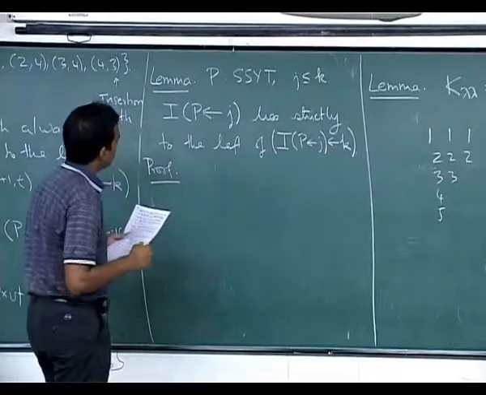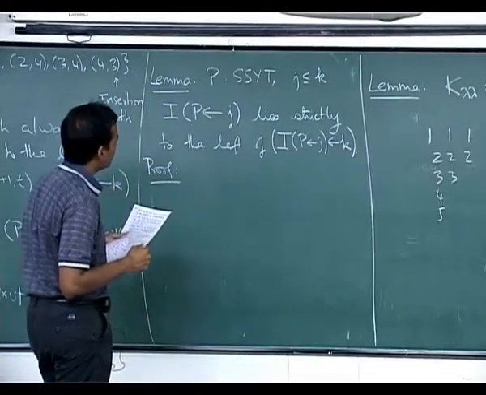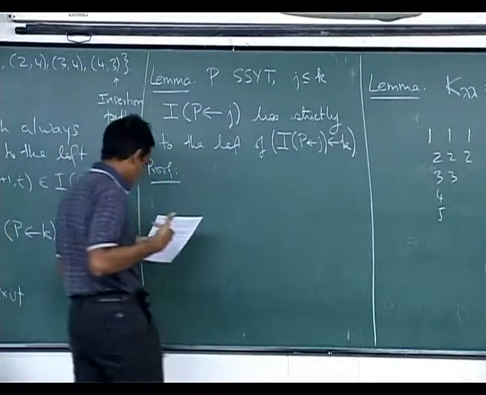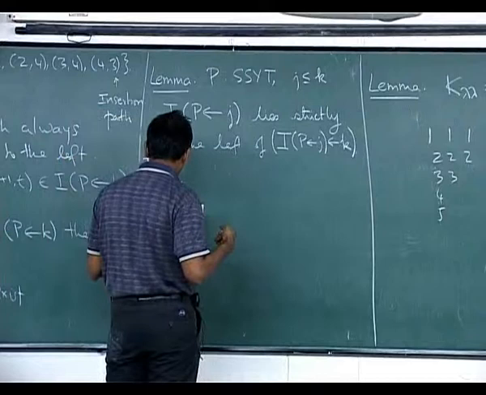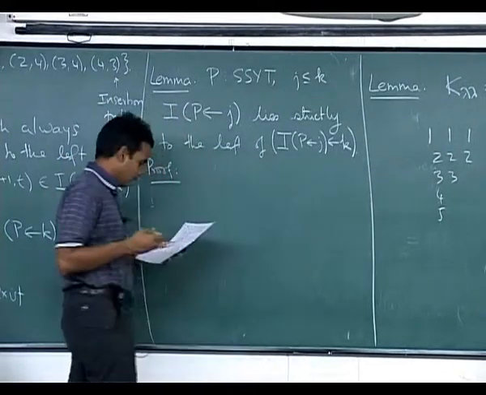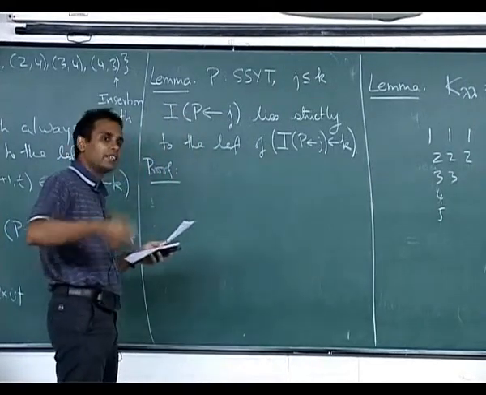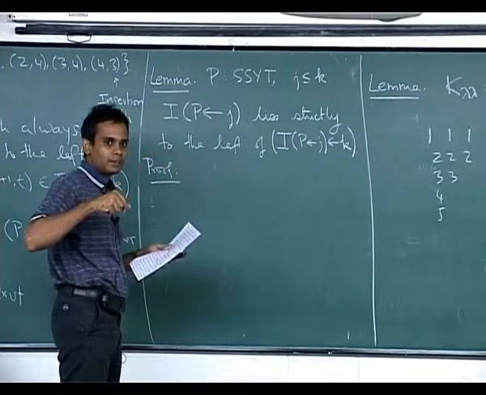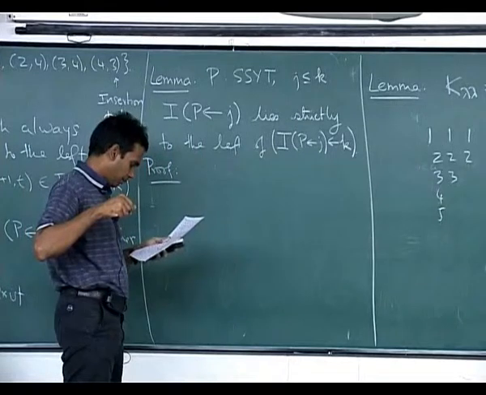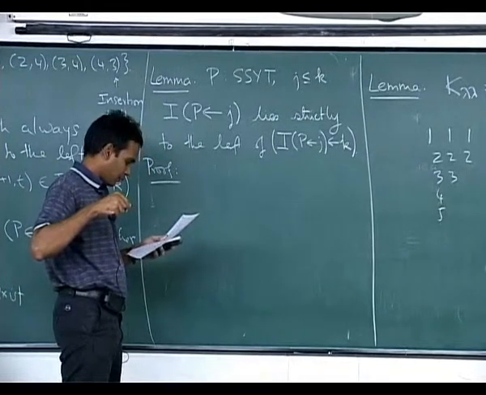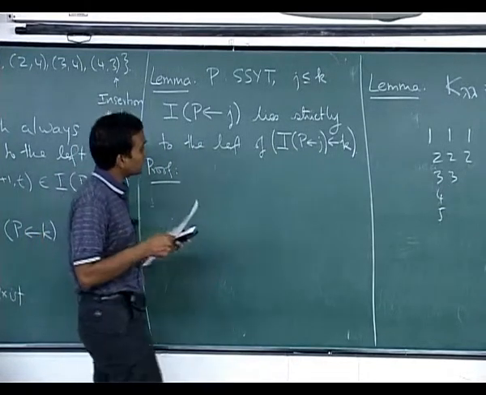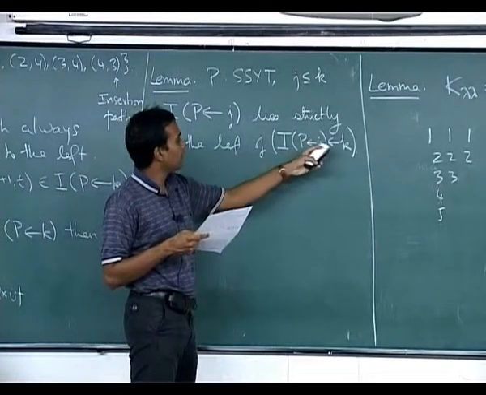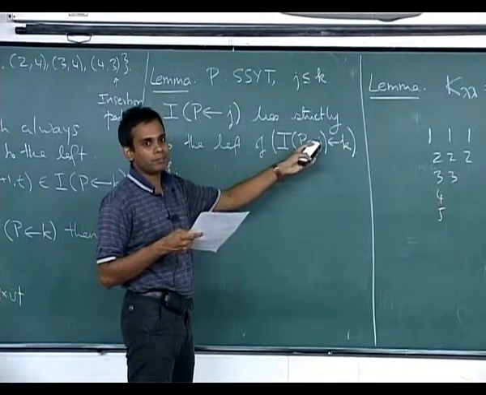You just need to check it row by row. Okay, so if you start with a row, then a number can only bump something that's strictly larger than it up to the next row, right. So if you have first inserted J into the first row, then K cannot bump J up.